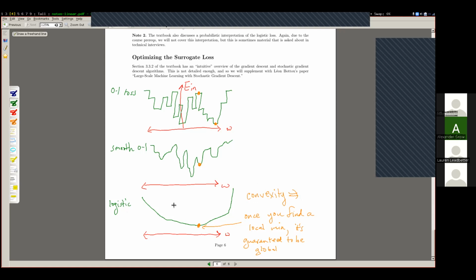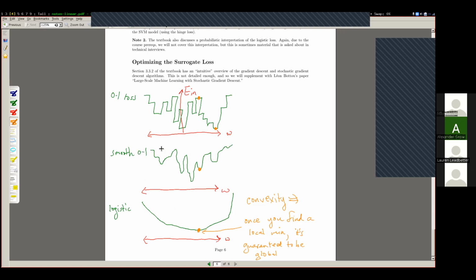Are there any questions about these three graphs? Sophia. So the question is, why is the smooth 0-1 loss like it is, and why is this point here?